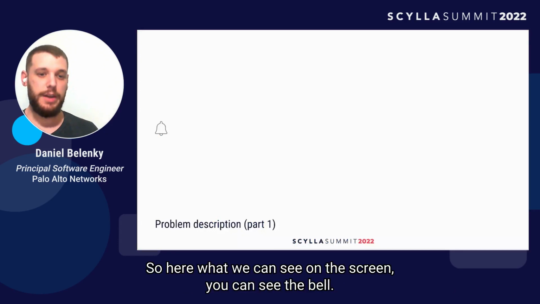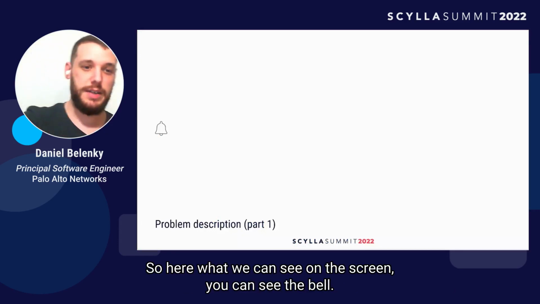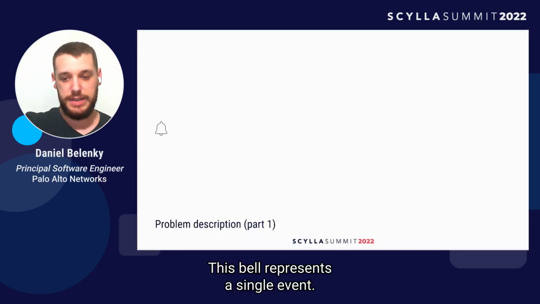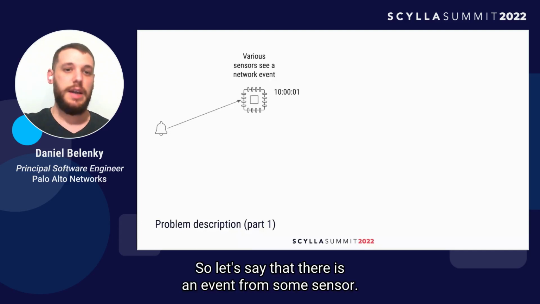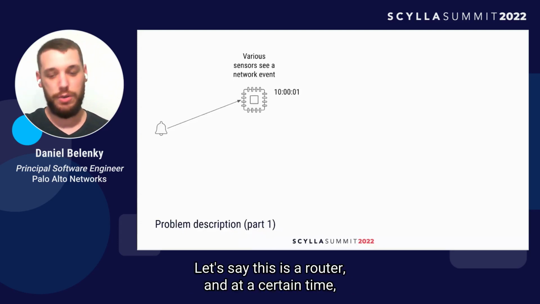Here, what we can see on the screen, you can see the bell. This bell represents a single event. Let's say that there is an event from some sensor. Let's say this is a router.